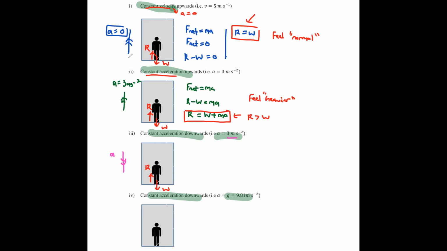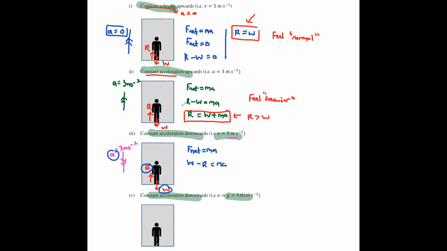If I try to use Fnet equals ma now, Fnet equals ma. W is in the direction of my acceleration, so it's positive. R is opposite to my direction of acceleration, so it's negative. So it's W minus R equals ma instead.